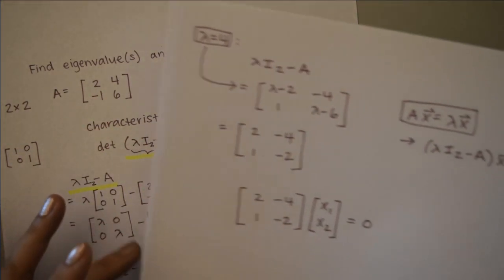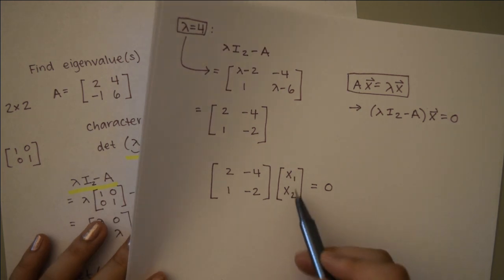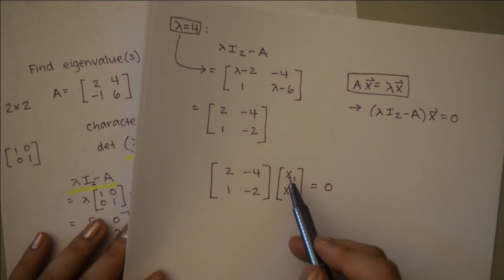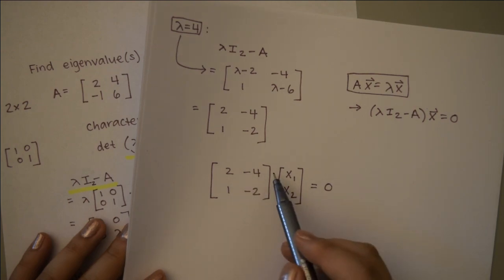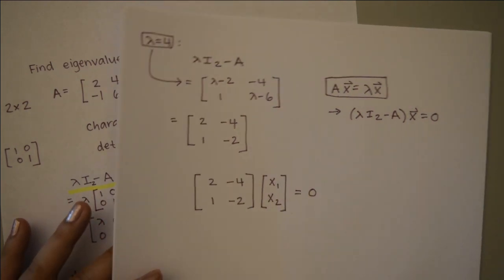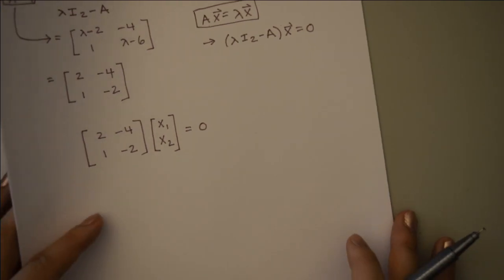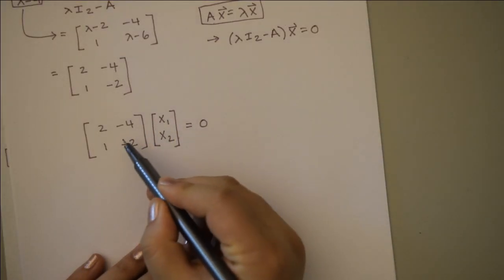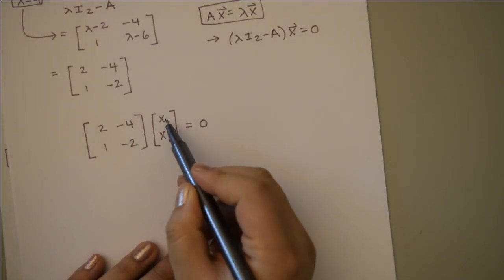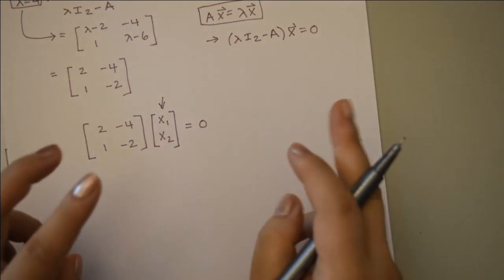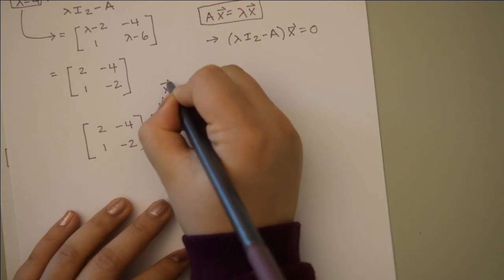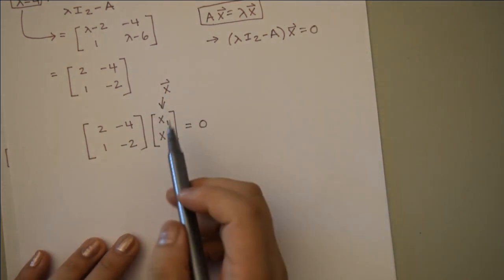You won't ever have weird situations where things don't line up. So just make your vectors the same dimension as the matrix A. Okay? So we're just going to try to solve this and find what x1, x2 is. These are going to be the coordinates of our vector x, which is going to be our eigenvector.